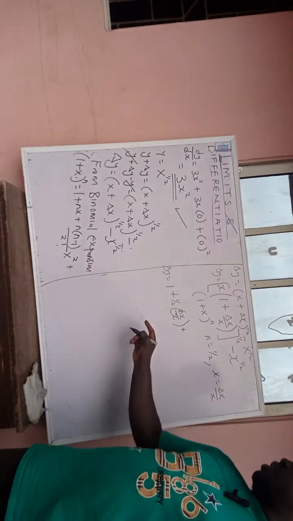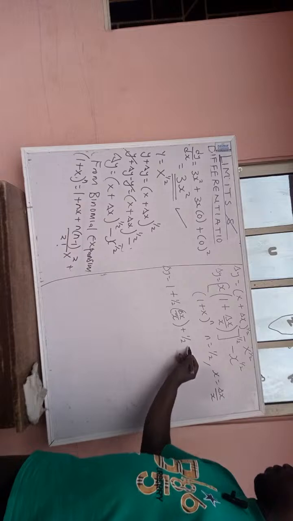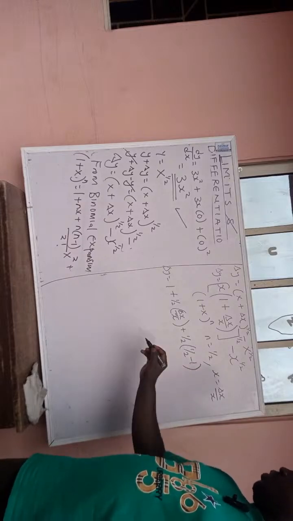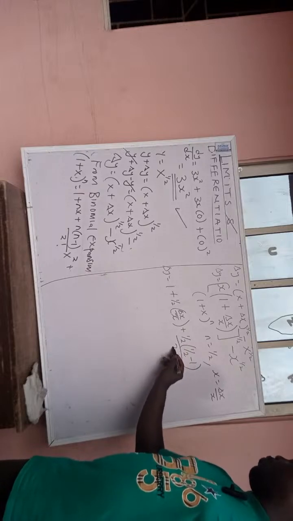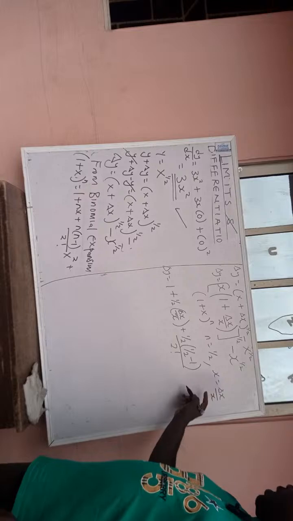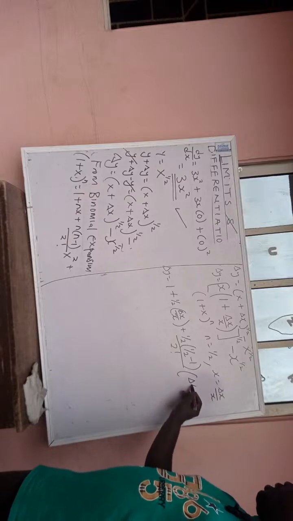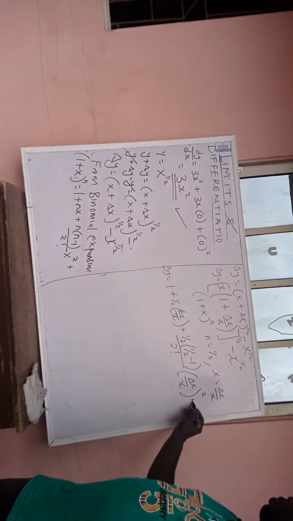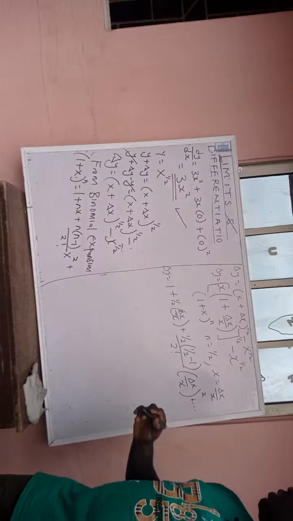What's the next thing there? n, which is half. What's the next thing again? n minus 1 over what? 2 factorial multiplied by x squared. What's our x here? Change in x over x, always to power 2. You could continue like that.